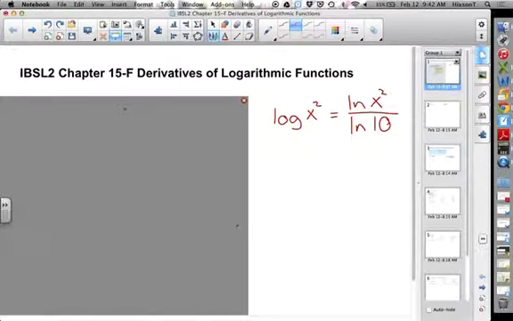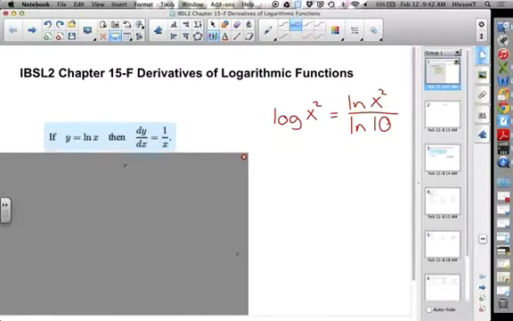Okay? So we actually don't need to bother with any other rules other than just a rule for if we have the natural log of x. Because if we have a different base, we can use the change of base formula to get it to be the natural log. Alright? And in fact, this here would just be a constant. So we wouldn't even have to use the quotient rule. It would just be a constant.